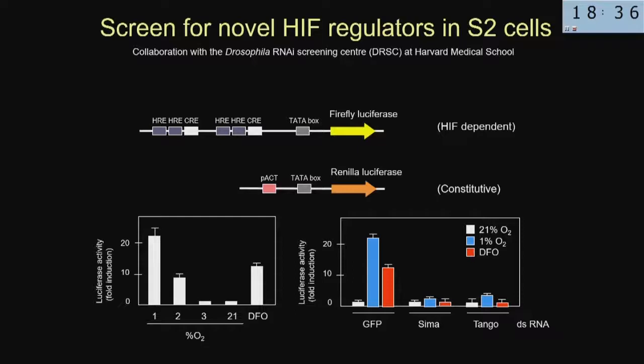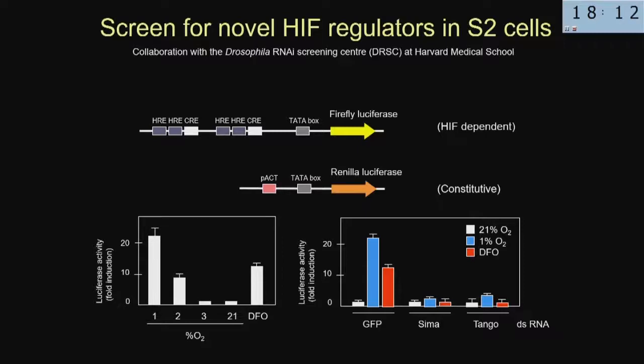So we were in a position to do the screen with RNAi against all the 22,000 genes of the Drosophila genome. We did that in collaboration with the Drosophila RNAi Screening Center located at Harvard Medical School.